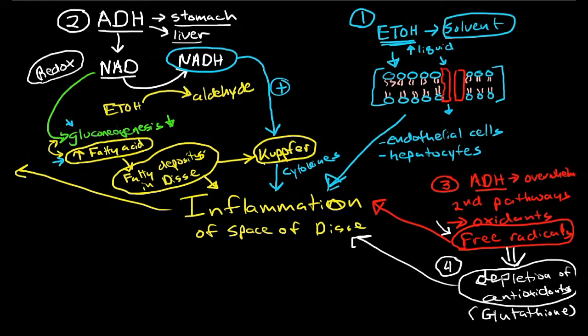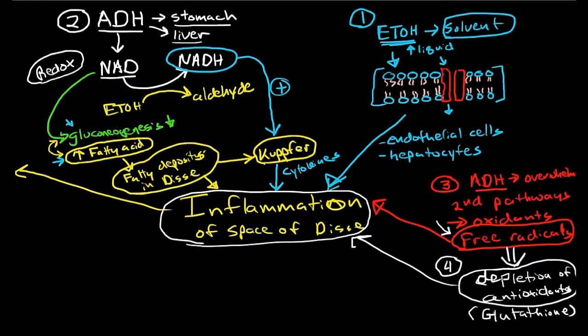The free radicals cause inflammation to the cells of the liver because they directly damage proteins and DNA, and all these free radicals also cause depletion of antioxidants, which can also increase the amount of inflammation in the liver. So those are the major ways that inflammation is caused in alcoholic liver disease.